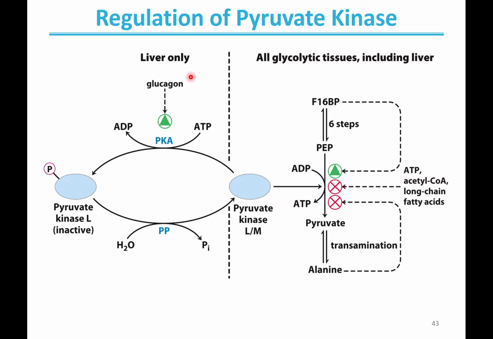And then liver only, you have glucagon, which creates a phosphorylation by protein kinase A that makes this inactive in the liver. Okay. Again, stopping the liver from consuming glucose because that glucose is more important elsewhere, and specifically in the brain, which functions primarily on glycolysis.